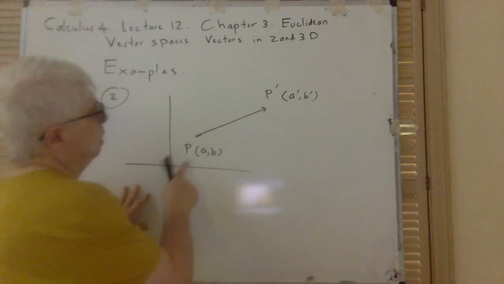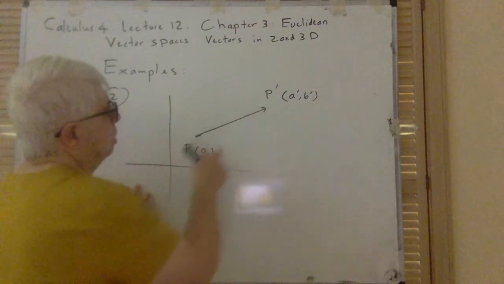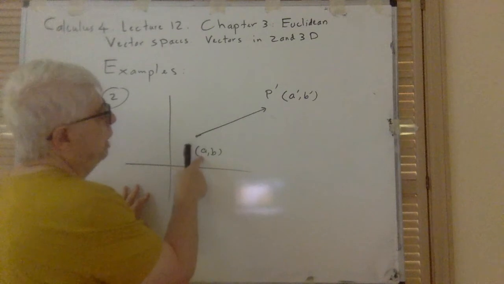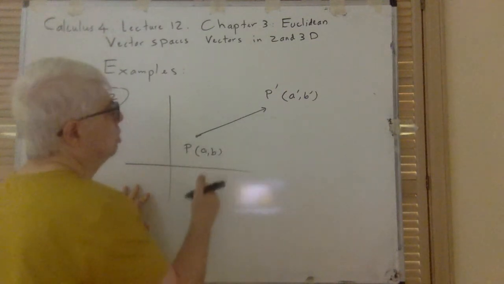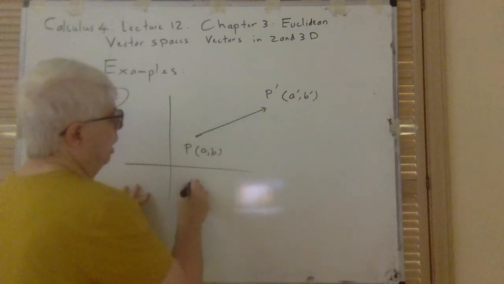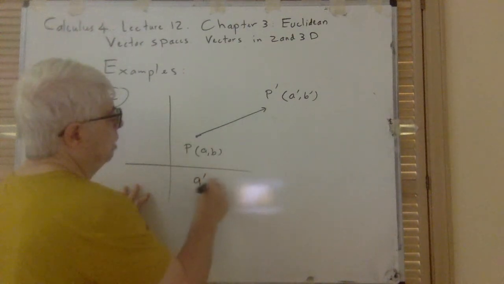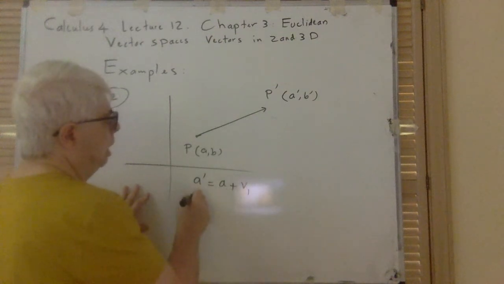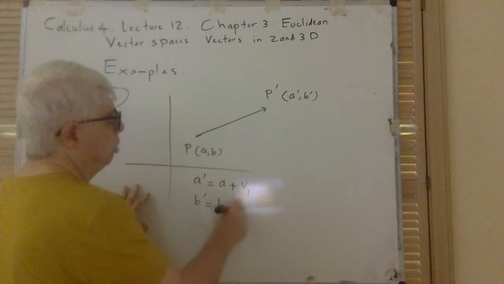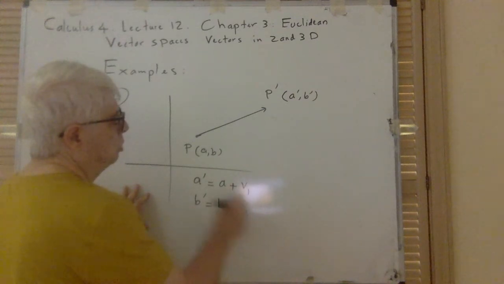We know that a vector that translates this to this, in fact, adds to A a certain number and adds to B a certain number. So that A prime is in fact A plus something, say B1, and B prime is B plus, say, B2.